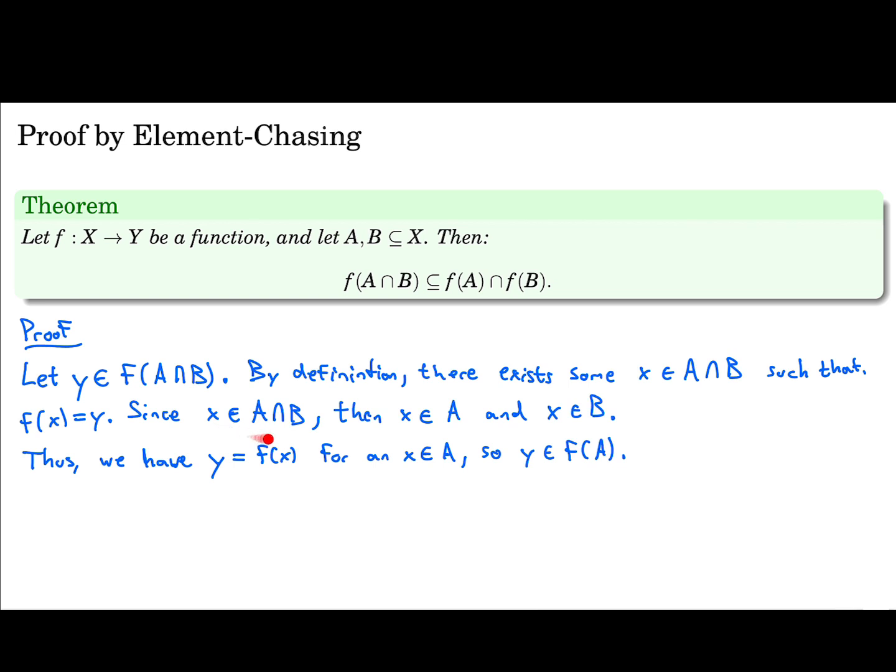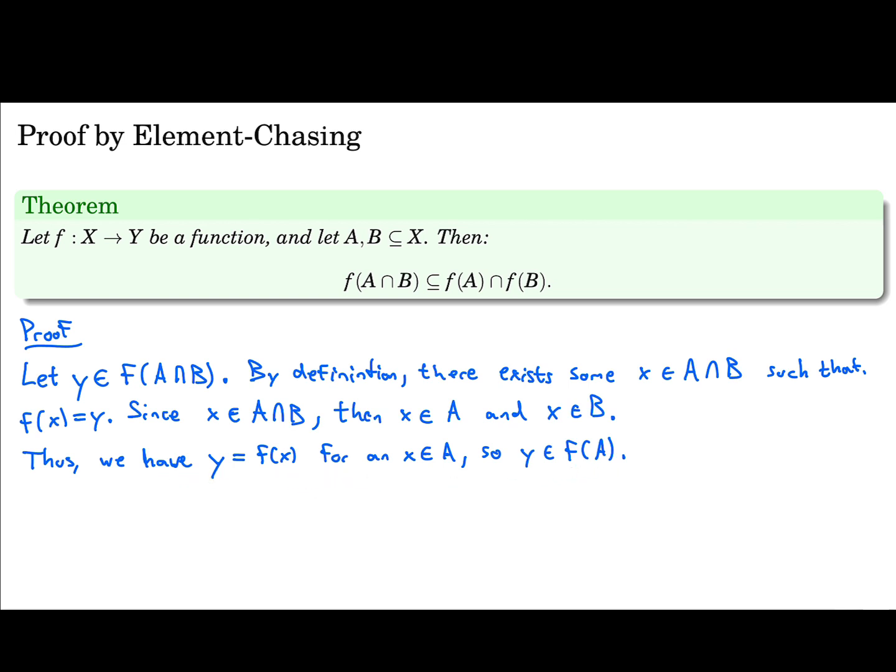Since x is in the intersection, then x is in A and x is in B. But we know that y is equal to f of x and x is in A, so that means that y belongs to the image f of A. Why? Because for y to belong to the image of f of A, it means that there exists some x in A such that f of x is equal to y. That's exactly what happens, and so you have this.